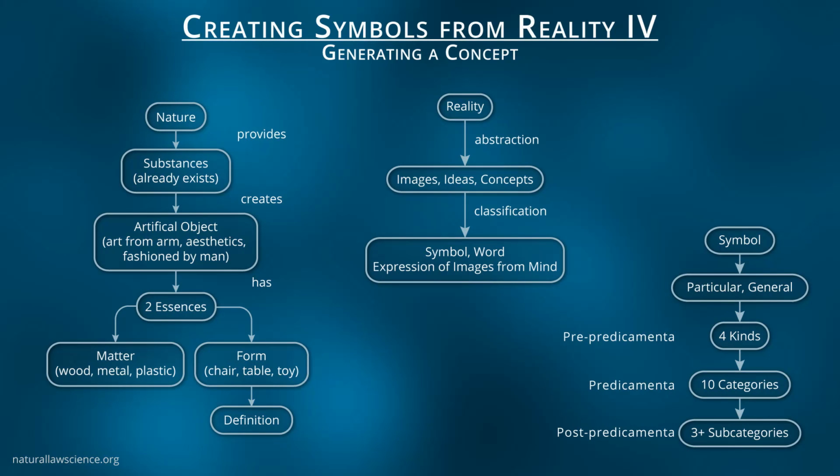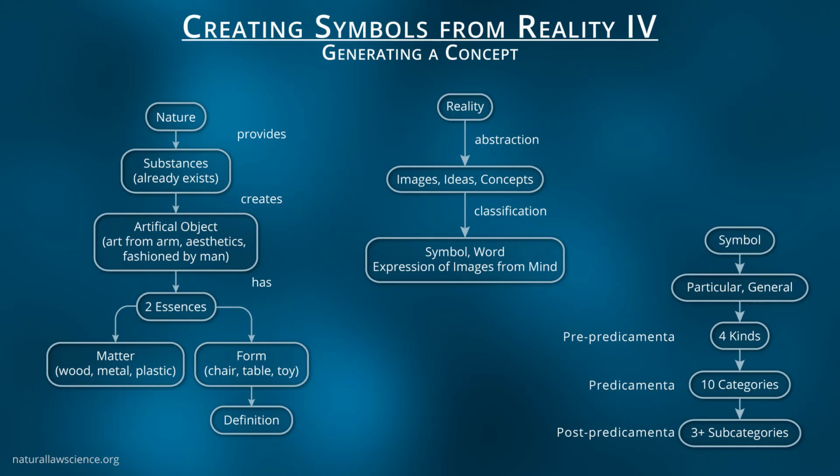And on the left side, from symbol, we get the two major classifications of particular and general, or particular and universal. Then we get down to the four kinds. This is where we get more into Aristotle's work.